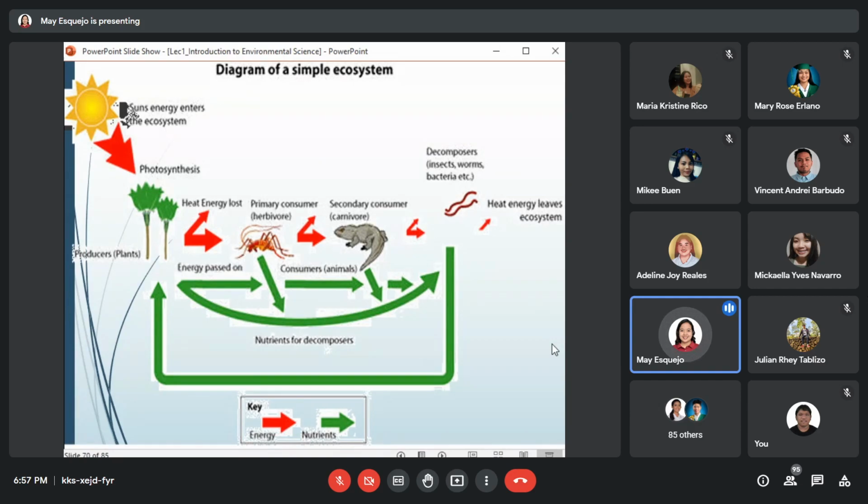Okay, they are the producers in that area. And then the organisms consume the plants. Okay, so they are the primary consumers. And then in those processes, sa bawat consume, nagkakaroon ng pagpasa-pasa ng energy. So, of course, yung pinakadulo, least na yung energy na nakukuha niya. Okay?